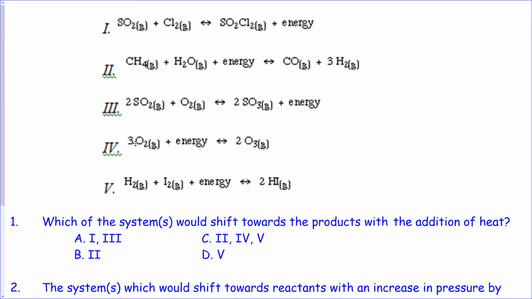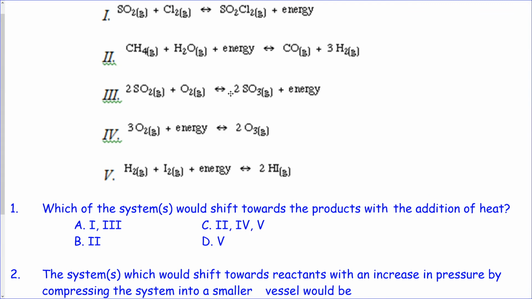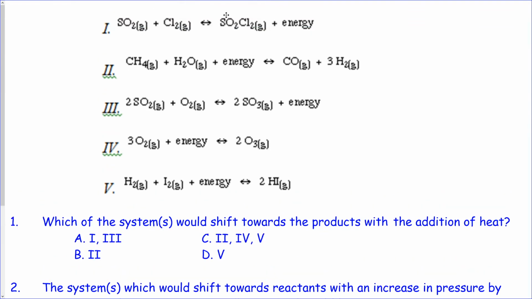So I have to see how many moles I have on each side. For number 1, I have 2 on the left, 1 on the right. So this is going to be a case where increasing the pressure is going to shift it toward my product. So I don't want that. I want to shift toward the reactant.